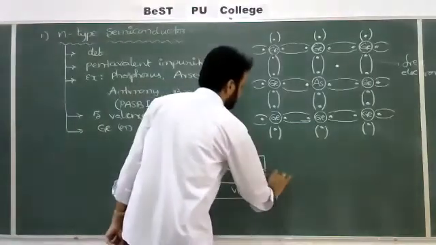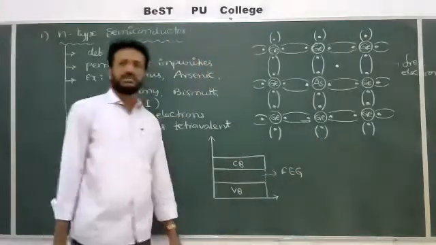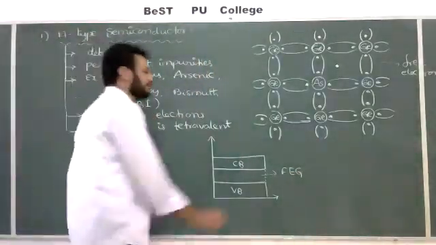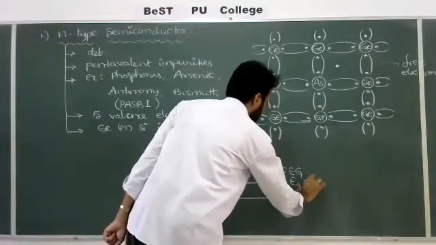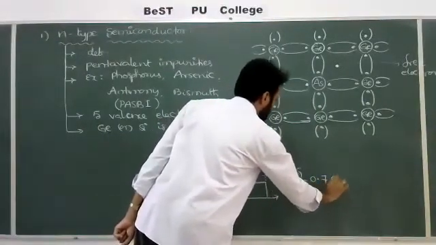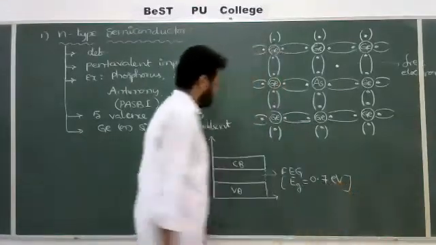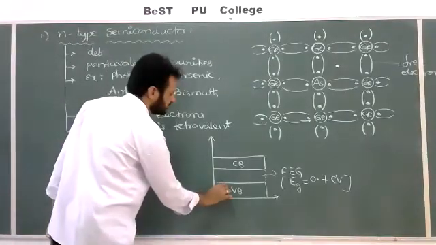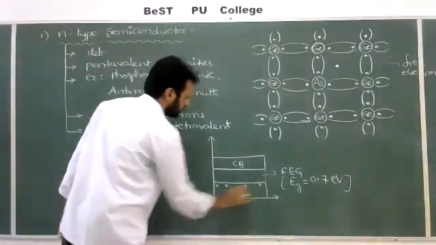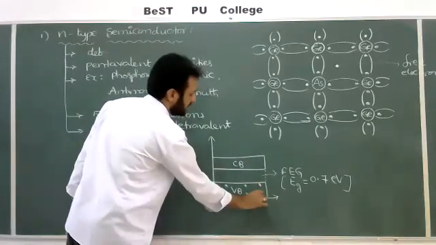The middle is called the forbidden energy gap. In the case of germanium, what is the forbidden energy gap? This forbidden energy gap is equal to 0.7 electron volt. The valency band contains electrons.